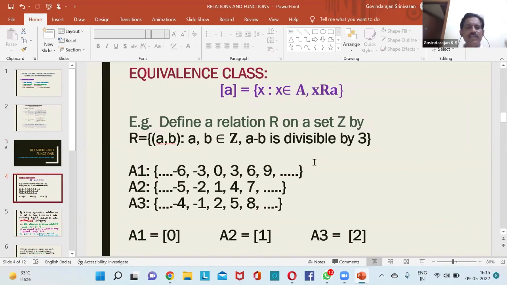I know that you know the equivalence relation, so I'm not going to the definition; through an example, I'll go to the next definition.